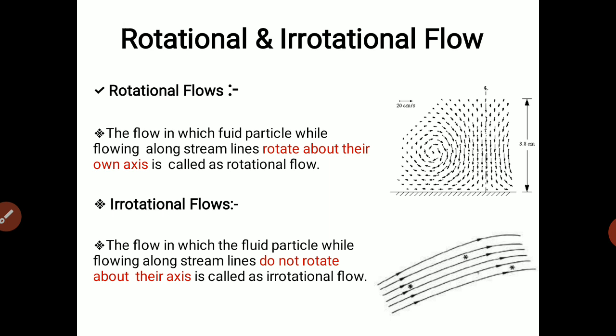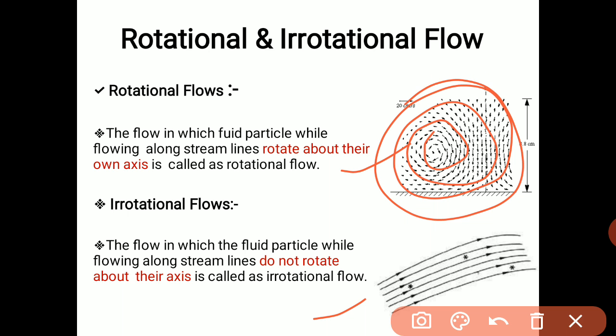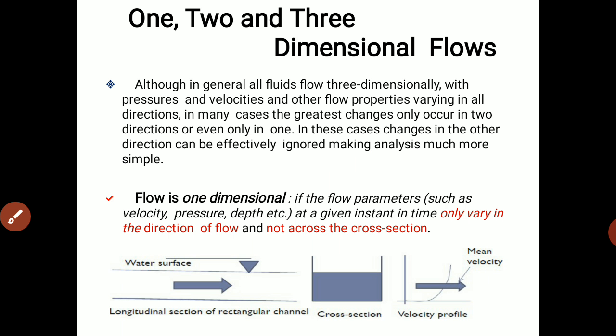That's rotational and irrotational flow. You got it? Just see this diagram, it will clear your concept. Here the particles are rotating about their own axis, and here the particles are not rotating, likewise. Then 1, 2 and 3 dimensional flows.